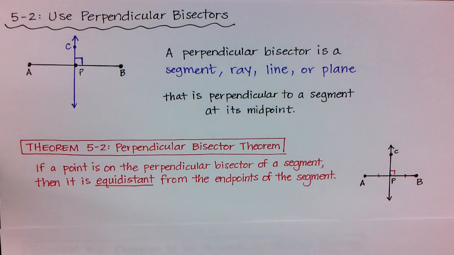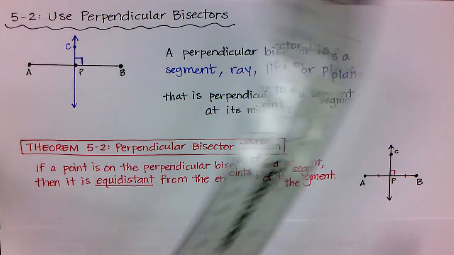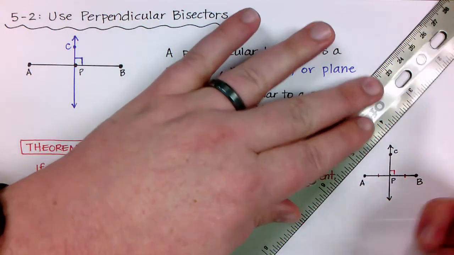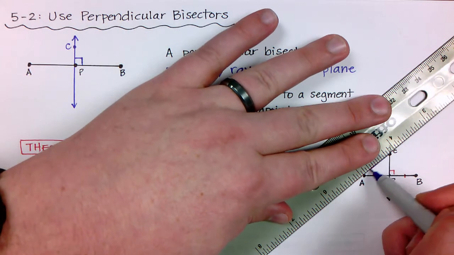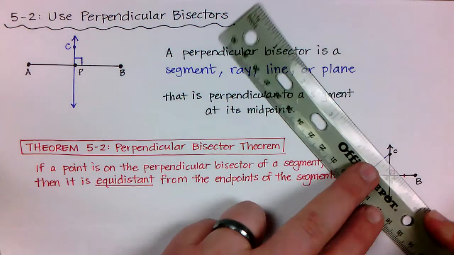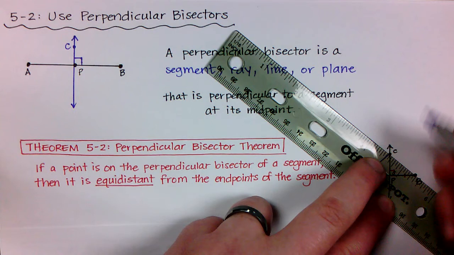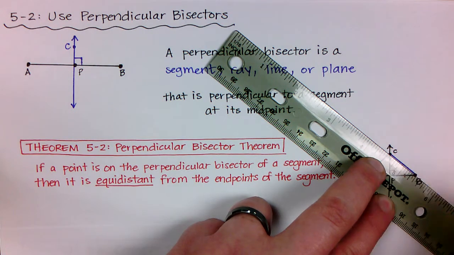And it says, if a point is on the perpendicular bisector of a segment, so already I'm given that this is the perpendicular bisector and point C is on it, then that point is equidistant from the endpoints of the segment, which means from C back to point A, and then also from C to point B, those two distances are exactly the same.